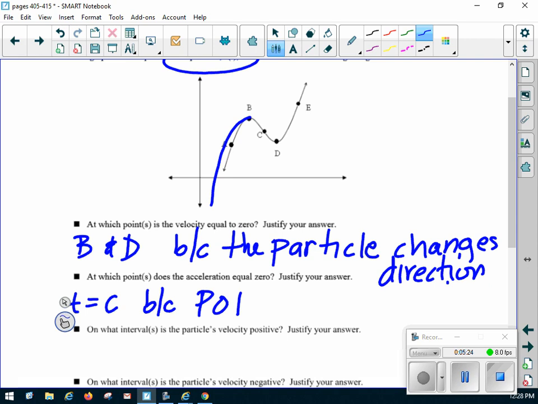Now let's talk about how to write that piece. That piece is easy. Where does this piece start? X value. Remember, t is time. 0. T is time. So 0 to B.